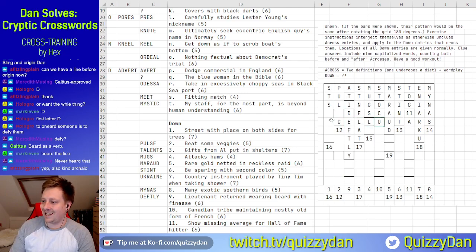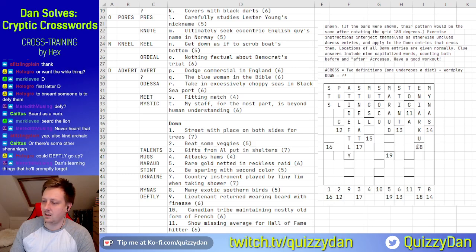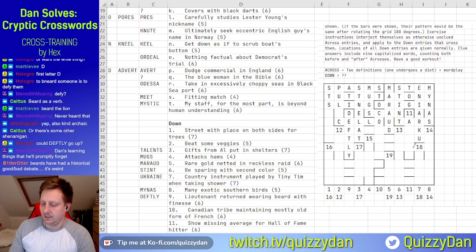Cello will have to go here. And our pulse that doesn't fit. So it's not pulse. But we can put some more lines in. Cello now has to go here. Could deftly go up. That is correct.